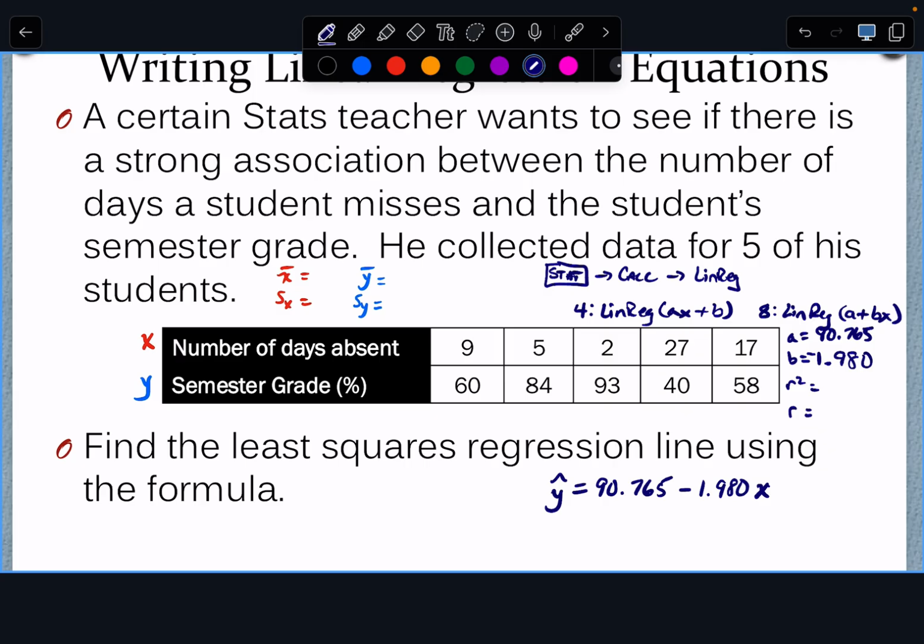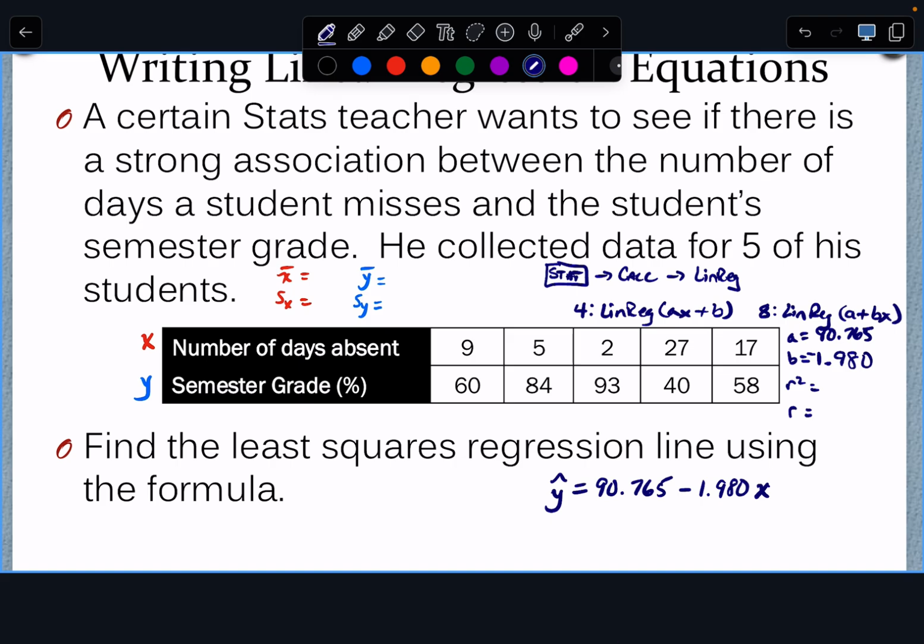What x and y represent. So y represents the semester grade, x represents the number of days absent, so I'd have to make that a definition. If I had wanted to, I could have put grade in for y and number of days absent in for x, and then I don't have to define it. That's completely up to you. On the answer key, I'll always have it both ways. Okay, but that's what that's going to look like.